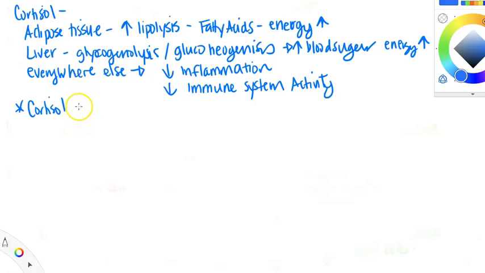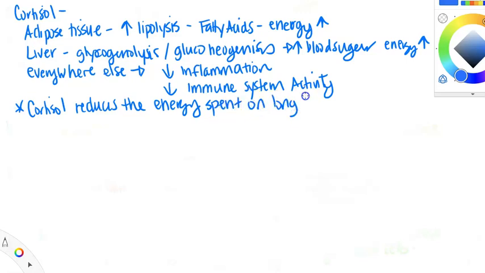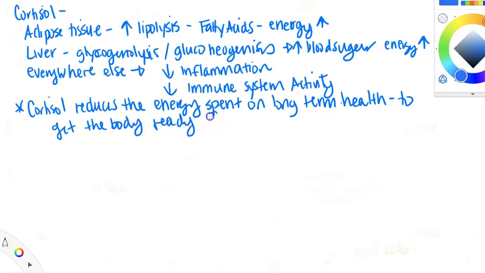So it basically reduces the energy spent on long-term health to get the body ready for the stress.